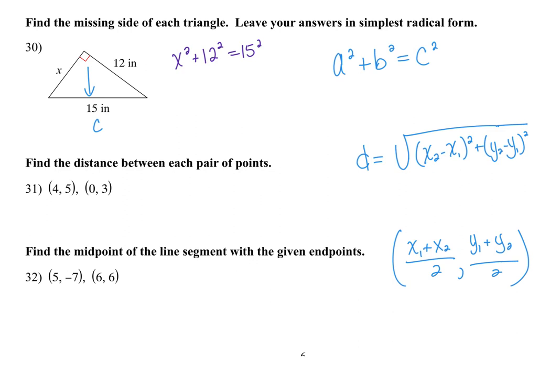When I am missing a side, I will end up subtracting, because I will have x squared plus 144 equals 225, rather, not plus 2. I'm going to subtract that over.